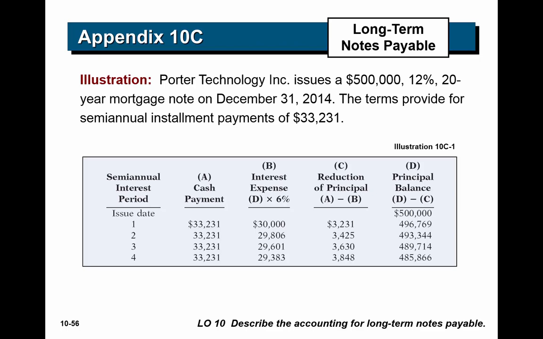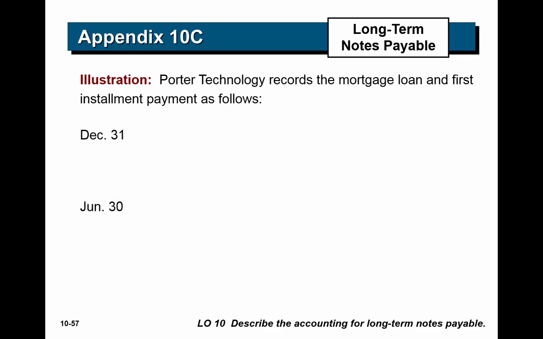Then in the next period, you keep doing the same thing. You multiply the rate times the principal balance from the previous period, and then you subtract that from your total payment, and the difference is the amount that you paid to principal. So that's how you do a payment schedule for an installment loan.